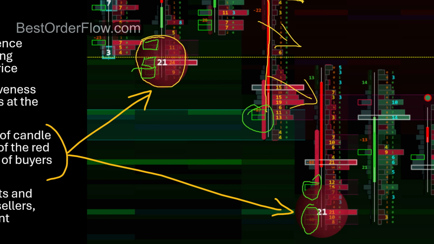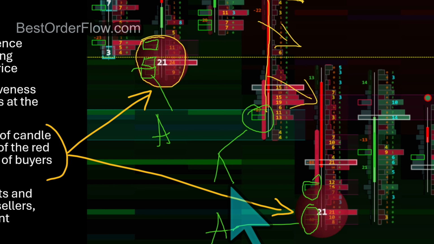You can hide the bubbles behind the footprint, and you will see them on top. But what do these footprint rectangles mean? It is in the settings for the footprint as absorption, okay? This is the absorption, and this is the absorption. And the bubbles simply confirm for me at the end of the tick that they're being absorbed.